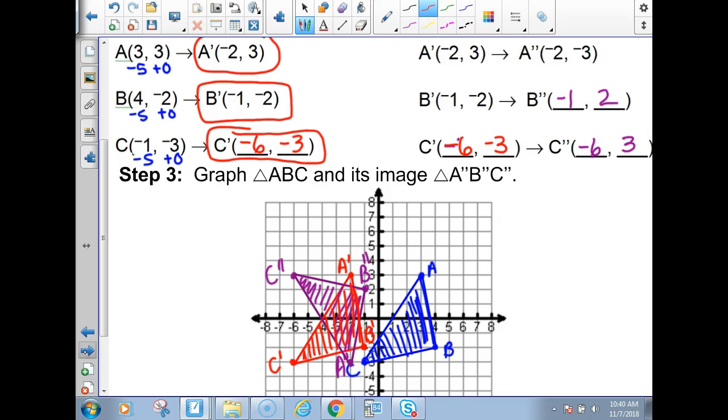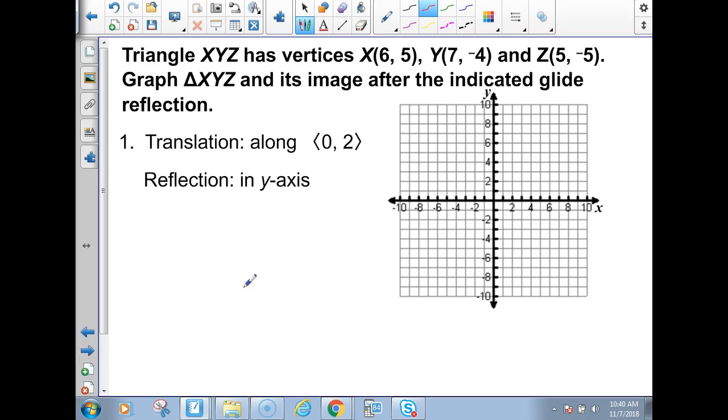Okay, now we're going to do number 1 as far as some more examples go. Triangle XYZ, vertices, let's start plotting. (6, 5), label it X. This is going to be a skinny triangle if I remember correctly. (7, -4), and (5, -5).